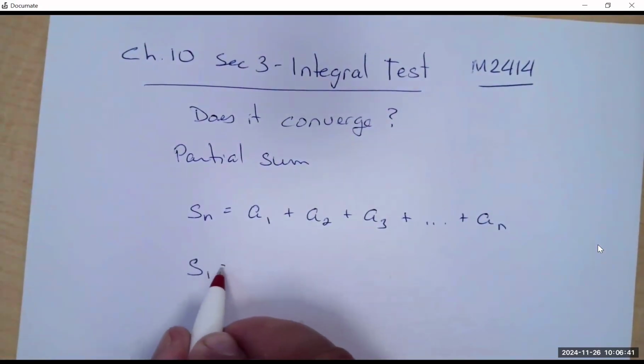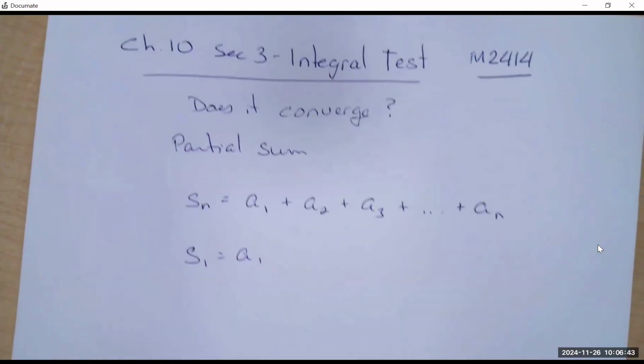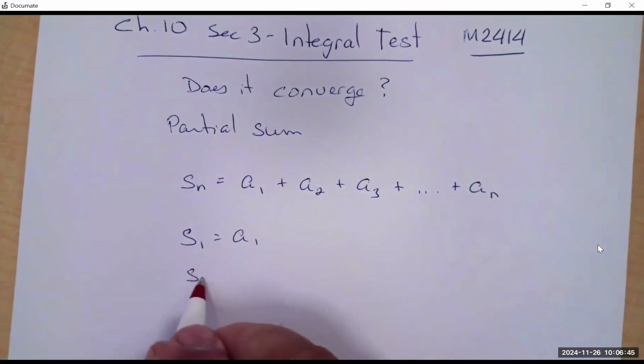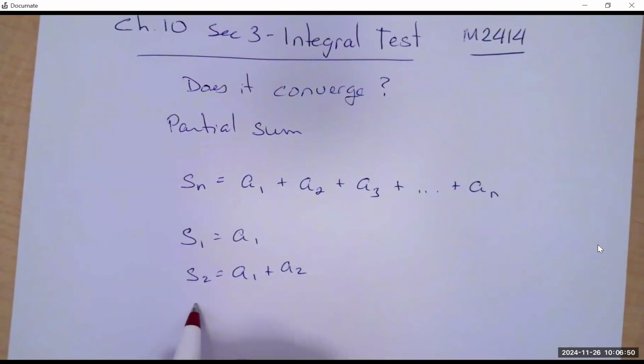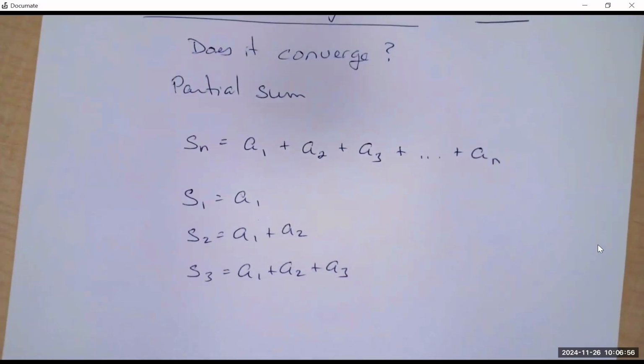For example, the partial sum of the first element is A1. The partial sum of the second is A1 plus A2. And the third partial sum is A1 plus A2 plus A3, all the way down to An, or S sub n.